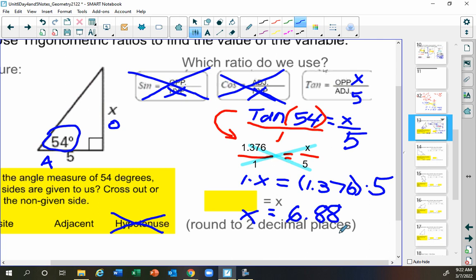Yep, he's right. Which side is that, the opposite side or the hypotenuse? The x represents the opposite. Good.